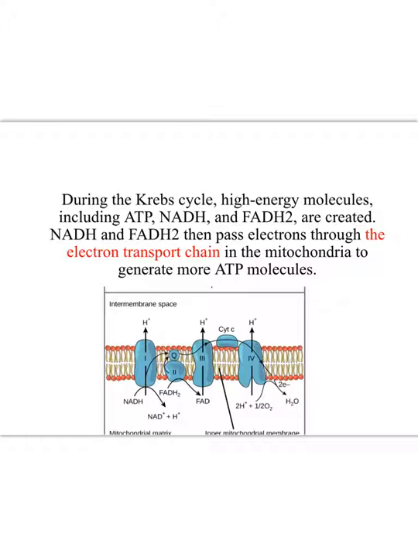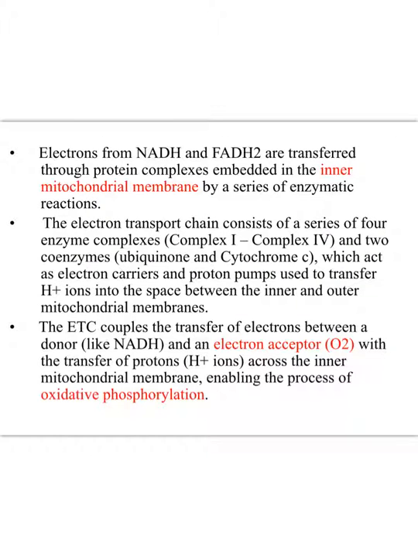These are basically the results of the oxidation and reduction reactions, and they're going to be transferring electrons into what's known as the electron transport system or electron transport chain. And this is going to be the third and final step of aerobic metabolism and carbohydrate metabolism. The inner membrane of the mitochondria is studded with enzyme complexes and what's known as coenzymes.